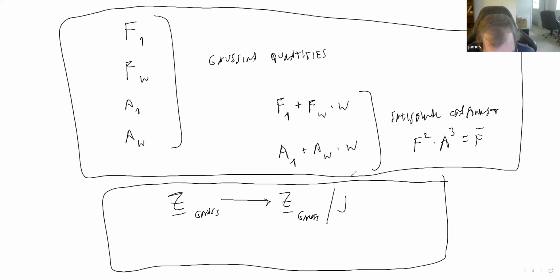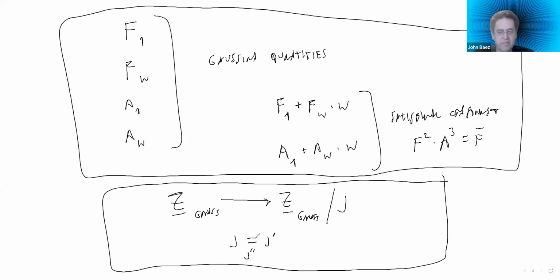And so I can talk about its congruence properties. So I can talk about J being congruent to J prime modulo J double prime or something like that, where these are all Gaussian integers.